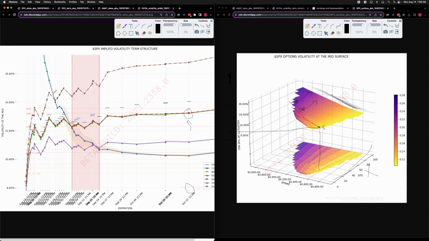The examples that come to mind are always somebody nuking somebody. But let's say that we get a surprise interest rate hike for no particular reason because Jerome Powell ate some bad cereal for breakfast and got food poisoning. I don't know, and went a little nuts. So in that case, we're going to probably see these vols over here jump like crazy. They're going to come up, right?